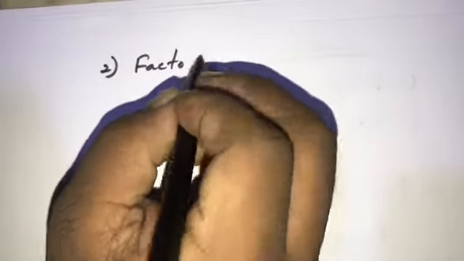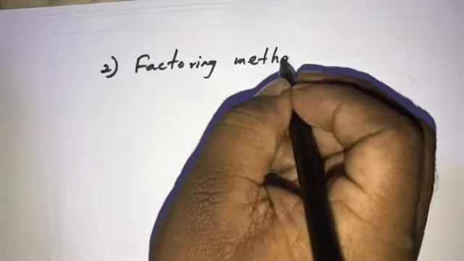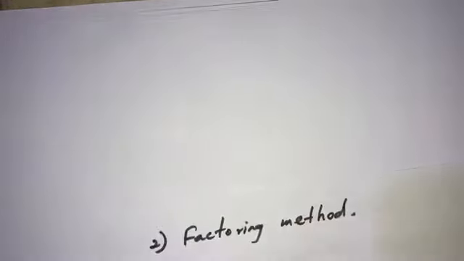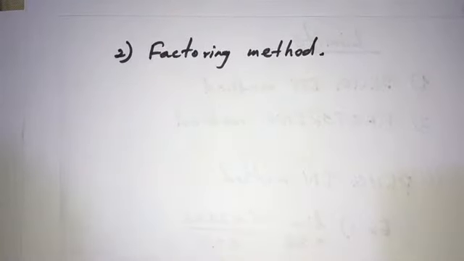Number 2, factoring method. The factoring technique should be applied only when direct substitution produces 0 in both the numerator and denominator.